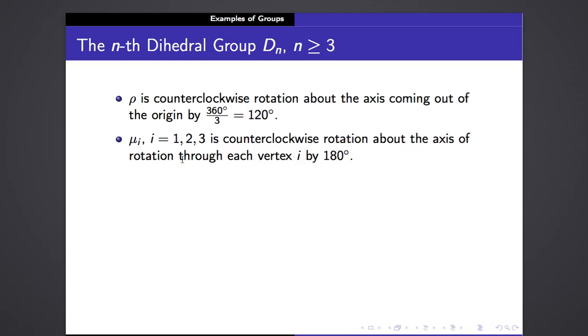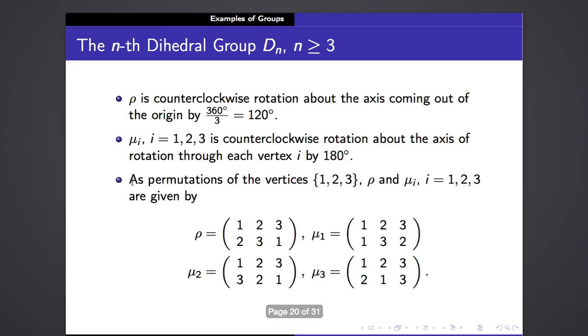Maybe I should have mentioned that too: the rotation is through each vertex i and the origin, that's the axis. As permutations of the vertices 1, 2, 3, rho and mu i are given in the same way, by these permutations.